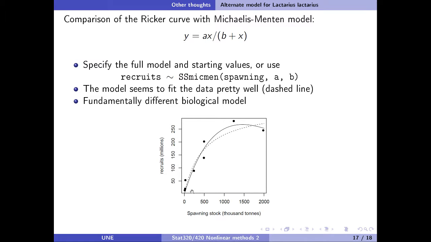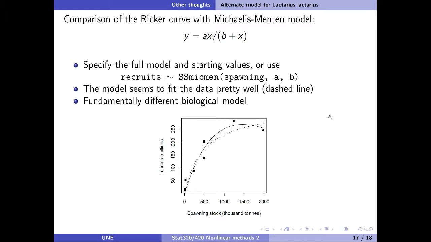The Ricker curve says that you'll go up, you'll reach a peak, and then you'll start to crash. If you have too much spawning stock, you're going to be above carrying capacity, your population will crash, and you'll get actually very few recruits eventually. The Michaelis-Menten model is fundamentally different. It says that as the spawning stock increases, it'll eventually reach an asymptote.